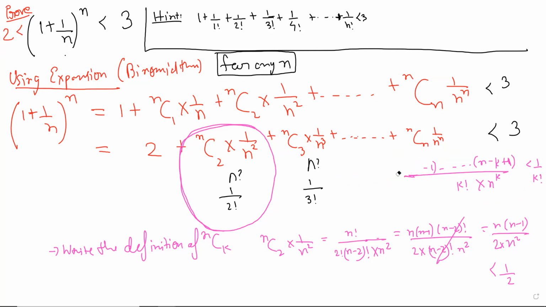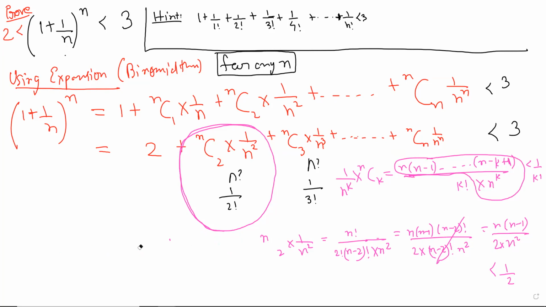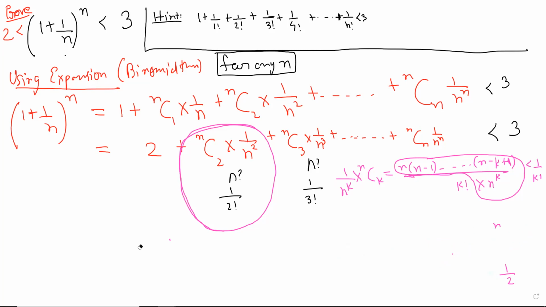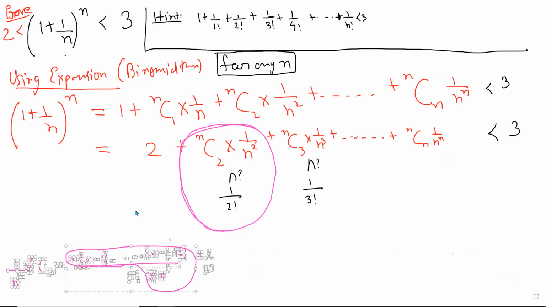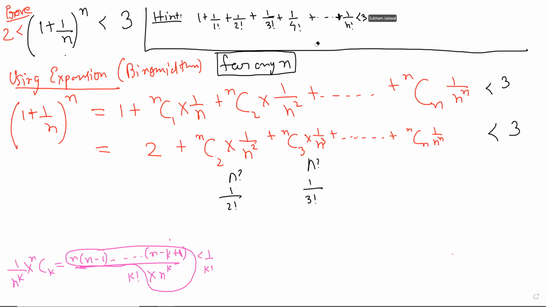Okay. So let me remove this. I'll just keep this manipulation here. So it's a very simple thing. So you see each term here, n choose k times 1 by n to the power k, is less than 1 by k factorial, right?